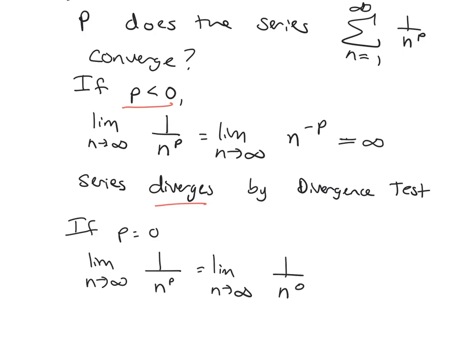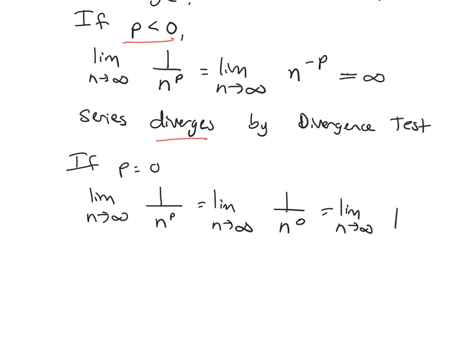Anything to the 0 power, well, other than 0, is 1. So this is really just the limit of 1. And what's the limit of 1? 1. It's pretty boring, but that's kind of nice here. Did I get 0? No. Anytime you get anything other than 0, your work is already done. The divergence test tells you that it diverges.